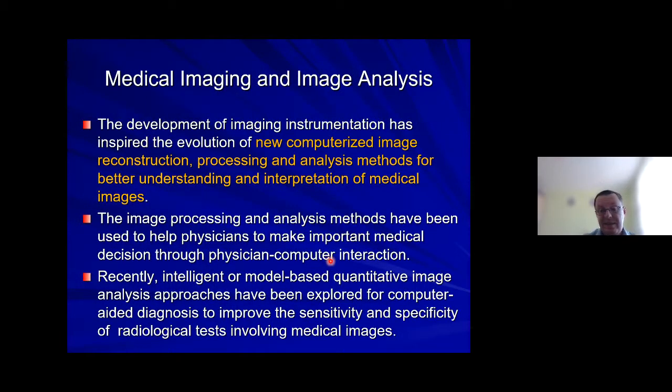In the last century, a little more than 120 years, development of imaging instruments has inspired the evolution of new computerized image reconstruction, processing and analysis methods for better understanding and interpretation of medical images.